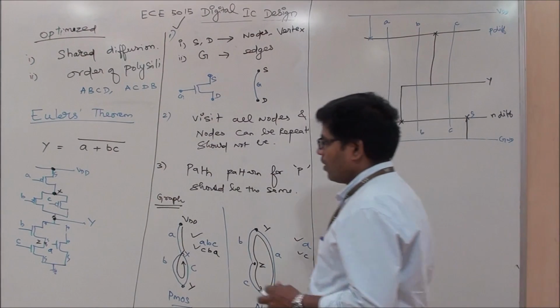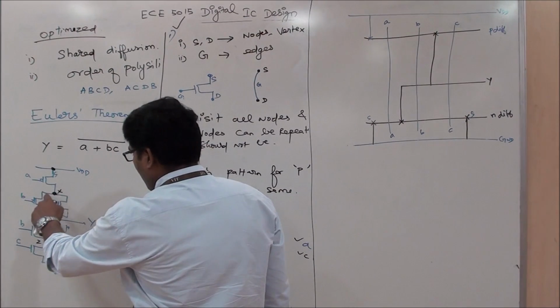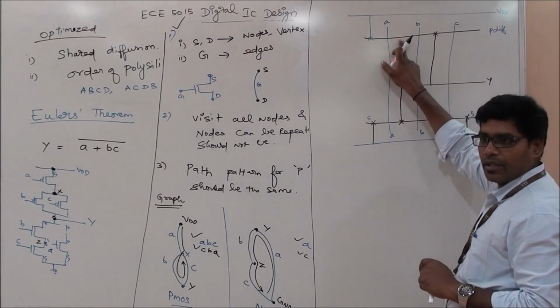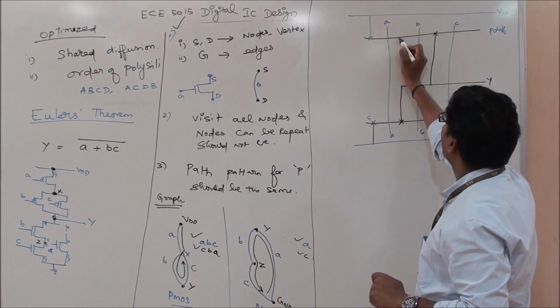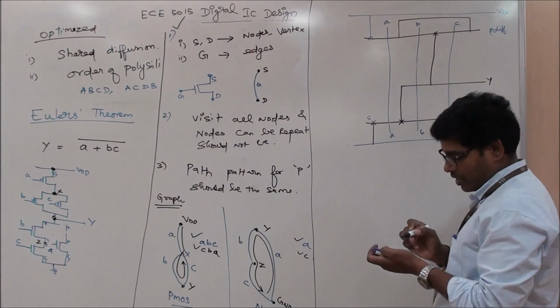One more thing. What does it say? A, B, C should be connected. A, B is a common point that has to be connected with C. Now, look at here. These two nodes need to be connected with each other.